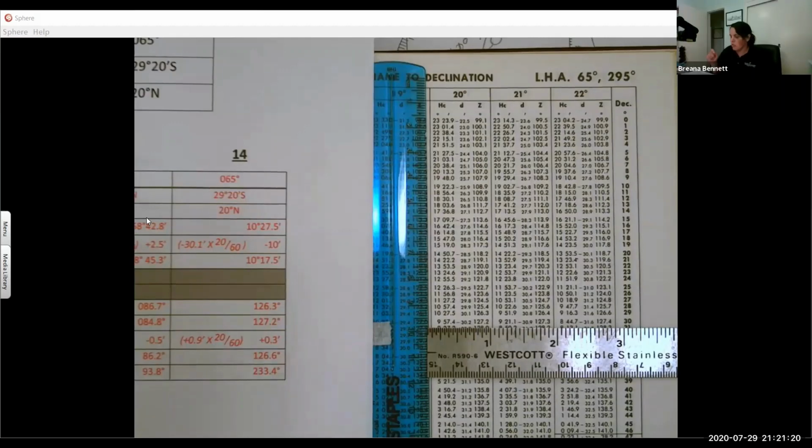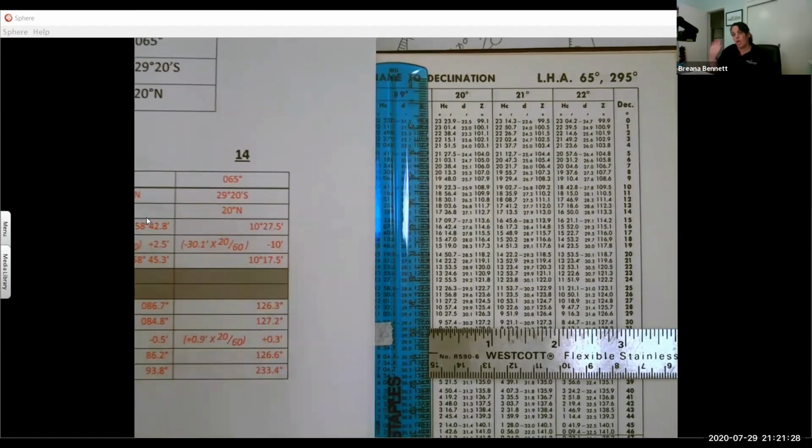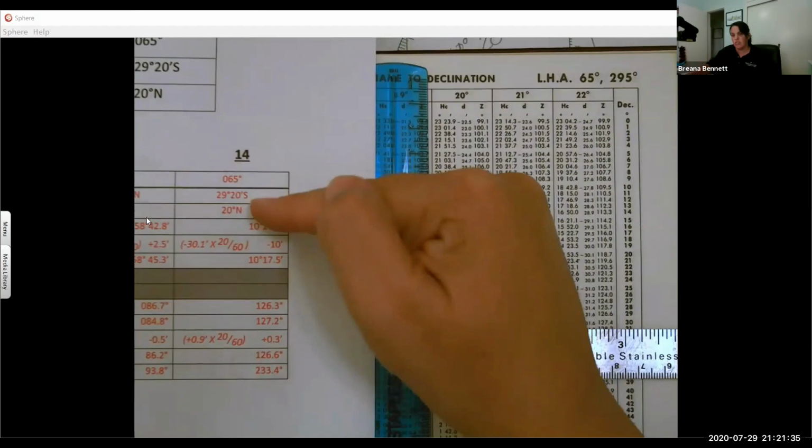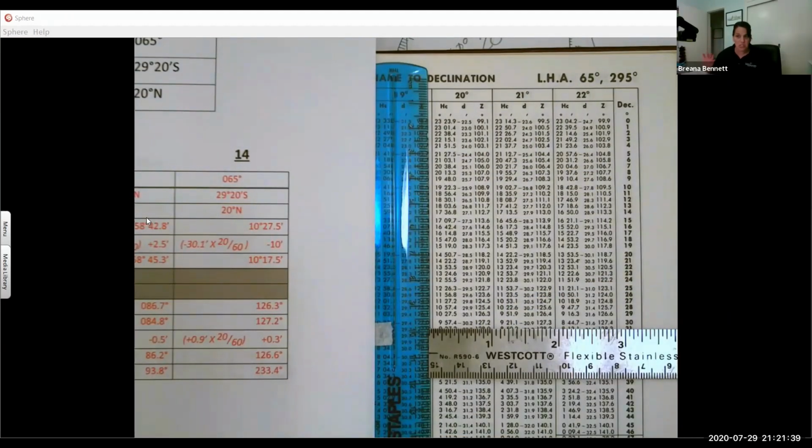So another way that you'll quickly figure out if you're on the wrong page or not is if that HC is ballpark what your HO is. You've already calculated your HO. So that HC should be within a degree or two.